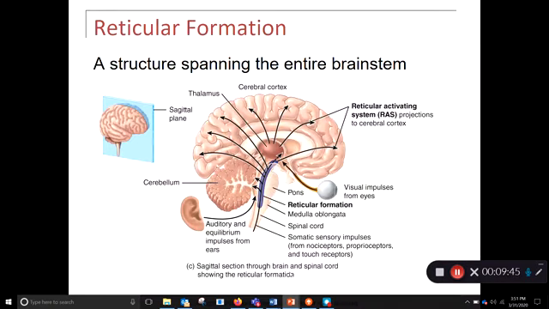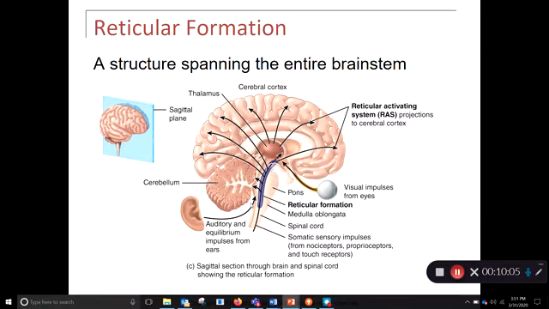Now, there is one more structure I want to talk about when we're talking about the brainstem. That is the reticular formation. The reticular formation is indicated here by this little blue blob. It's not actually blue inside the brain, but it does indeed span your medulla oblongata, the pons, and your midbrain.